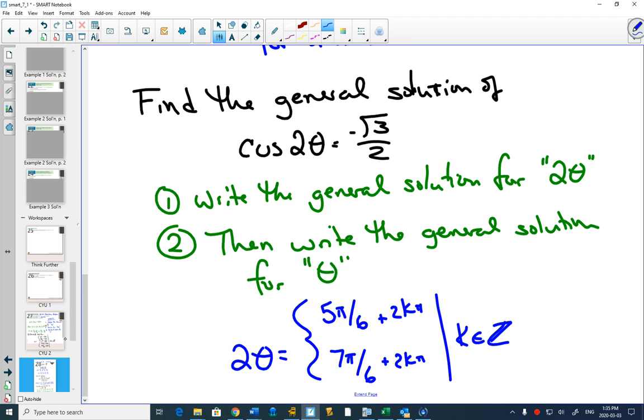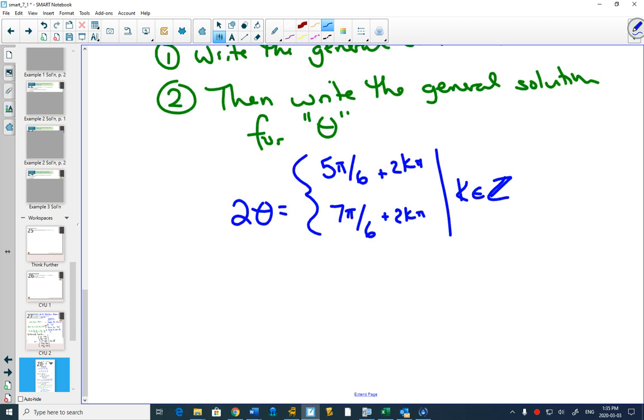Because after we found the general solution for 2 theta, we can write the general solution for theta, which is multiplying by a half: 5 pi over 12 plus, and it's no longer 2k pi, it's now plus k pi, because you have to multiply that by a half as well, and 7 pi over 12 plus k pi.